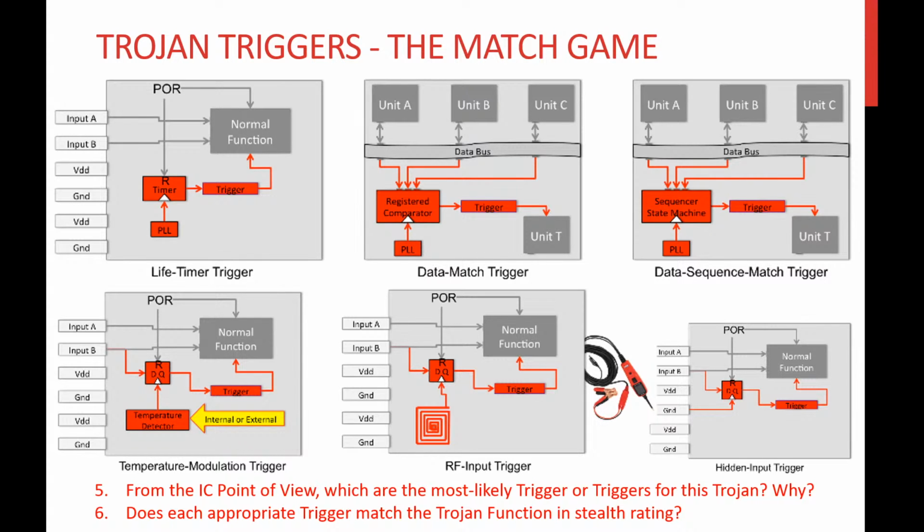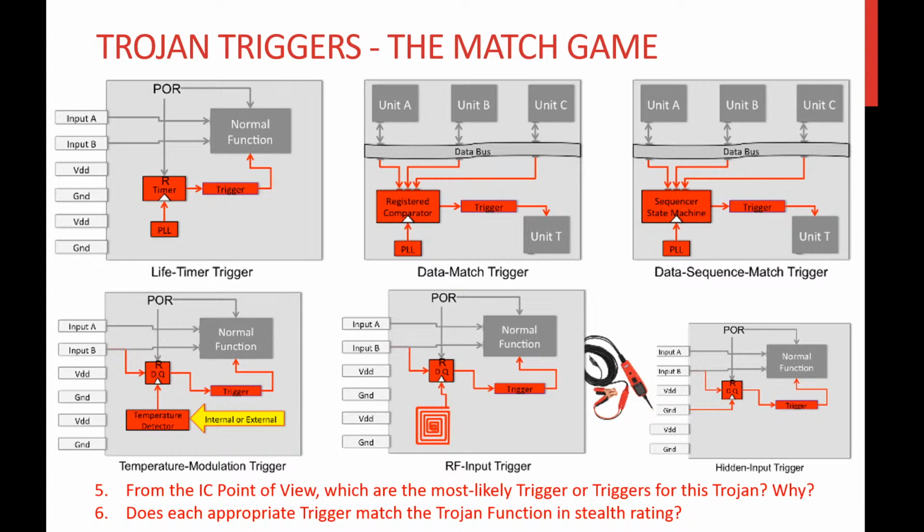It is also very unlikely to need to use a temperature trigger unless it is known that a military device will be deployed to the Arctic or Antarctica, or a satellite will be deployed in space. There are good arguments that it could be a data sequence trigger.